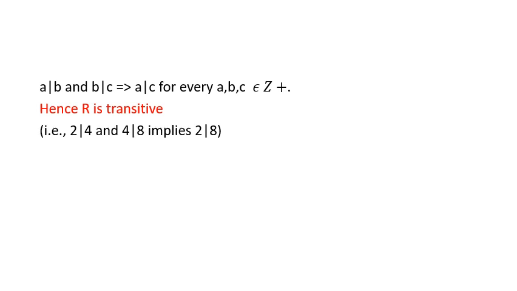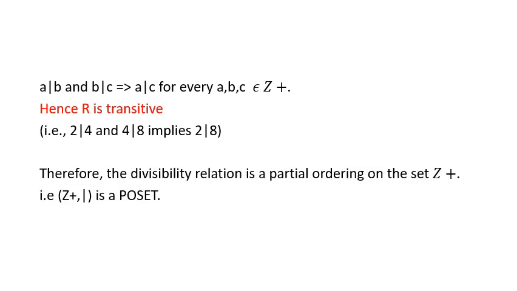So divisibility is a partial ordering relation. So we can say that the set Z plus together with divisibility is a poset. Therefore the divisibility relation is a partial ordering on the set Z plus, that is Z plus with divisibility is a poset.